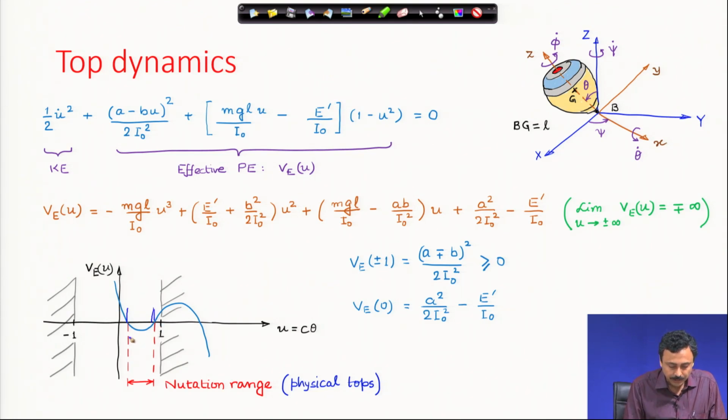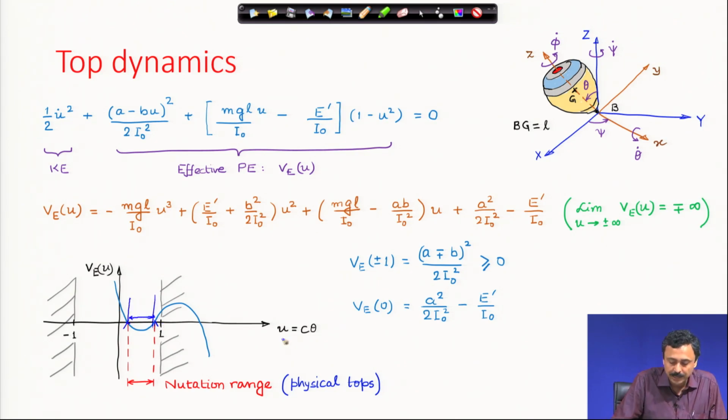So, here we have the negative part which is physically acceptable, and if we ask what happens at these points where the potential energy goes to 0, then the kinetic energy also goes to 0, as we have just seen. In other words, the system will oscillate between these two limits, just like a ball in a concave upwards potential oscillates. In the same manner, this system is going to oscillate between these two angle limits.